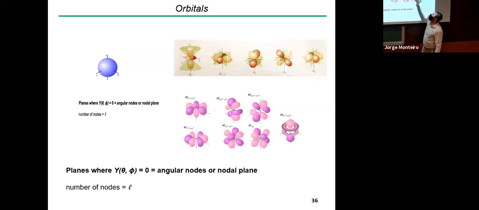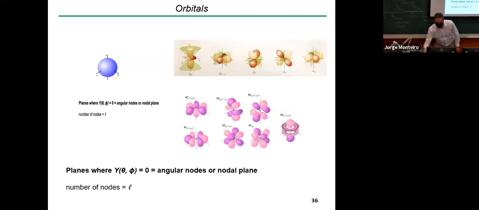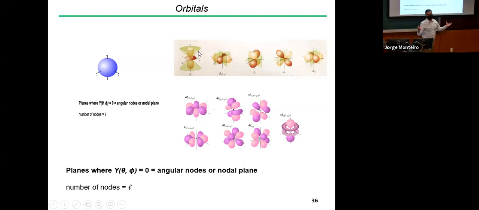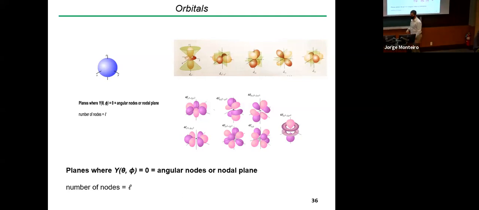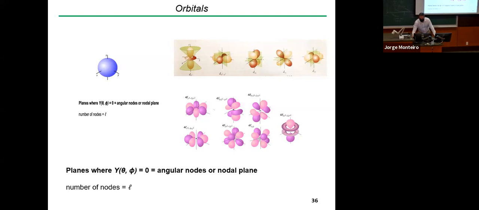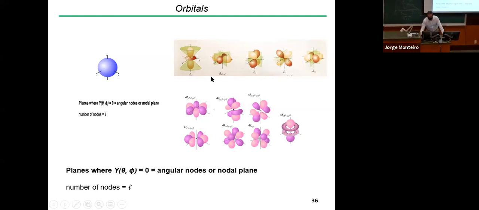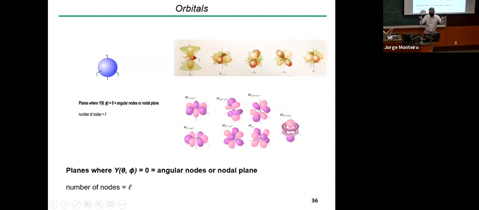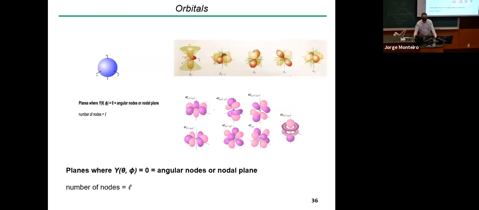Here you have the d orbitals on top, and the planes in light green are the nodal planes. For the last four, it's easier to see the planes. The dz squared doesn't have a plane, it has a cone, but it's the same concept.